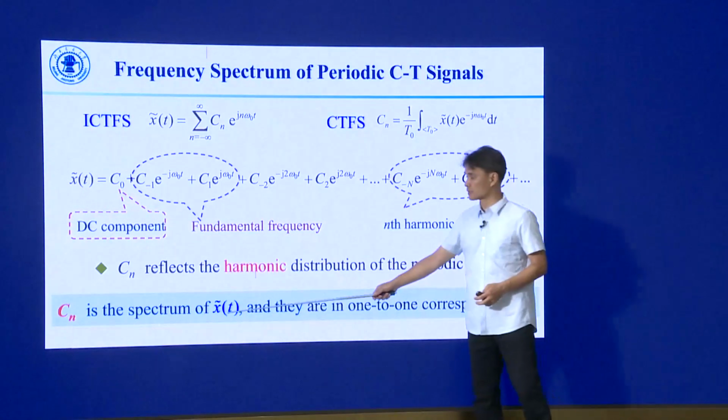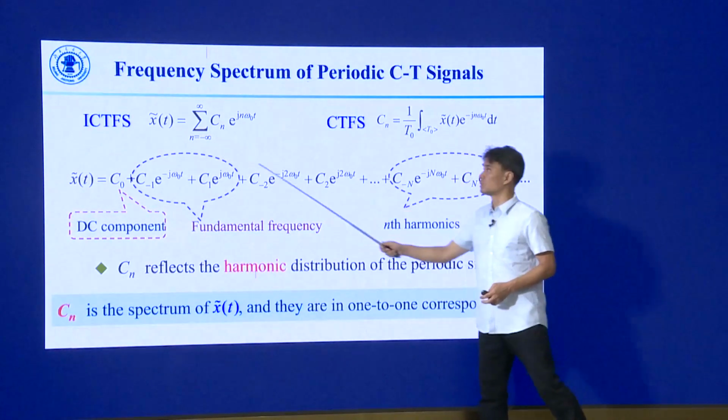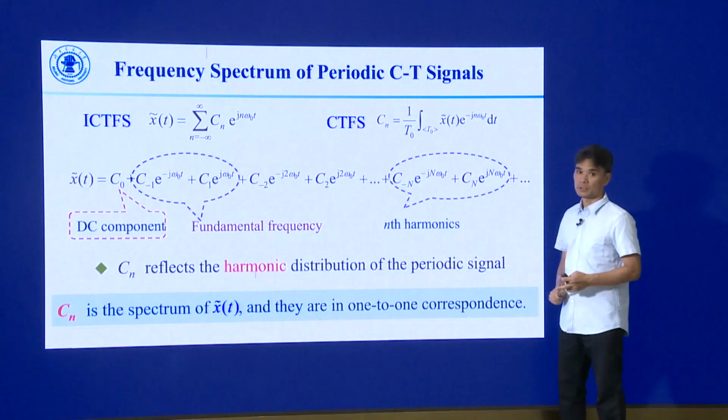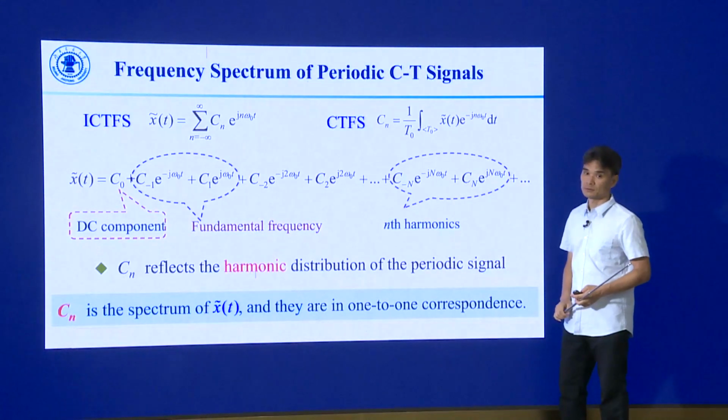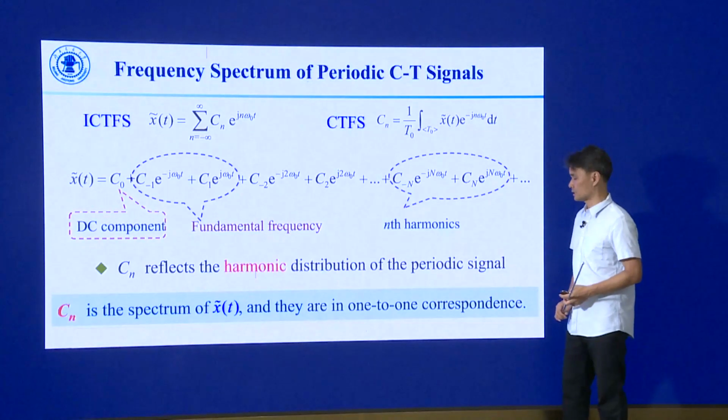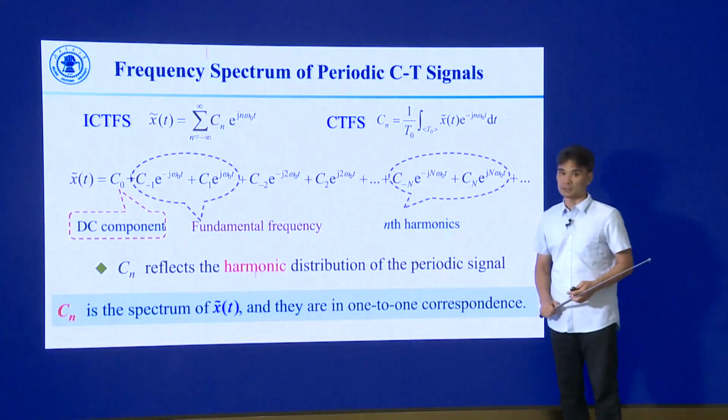And these two, x of t and c sub n, are a pair of Fourier series for a continuous time periodic signal, and they are in one-to-one correspondence.